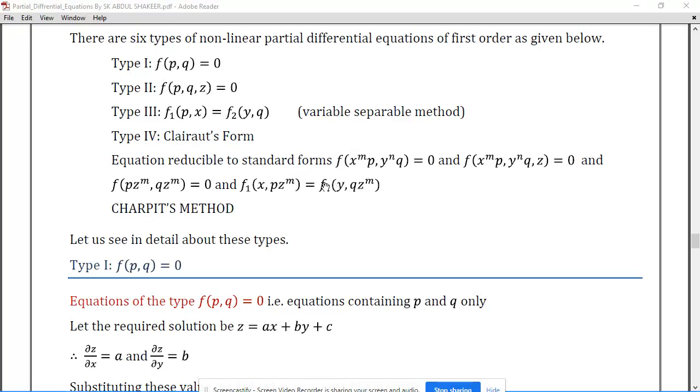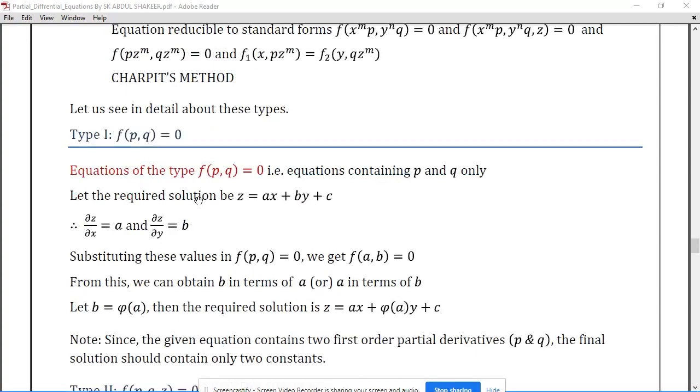These equations are reducible to either type 1 or type 2 or type 3. So it is type 5. Next type is Charpit's method. It is the last one, type 6. Let us see all in detail.